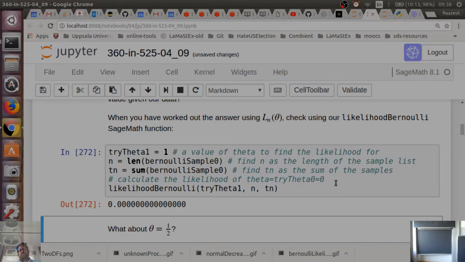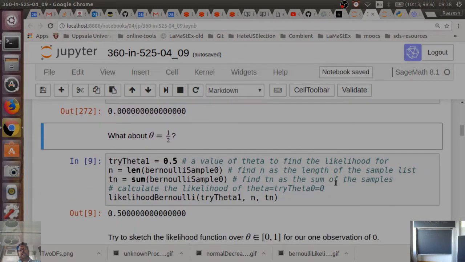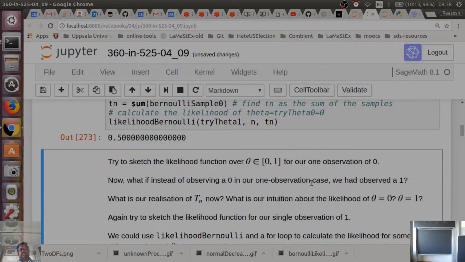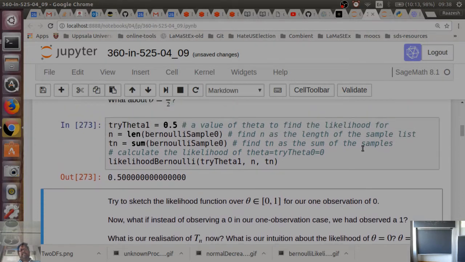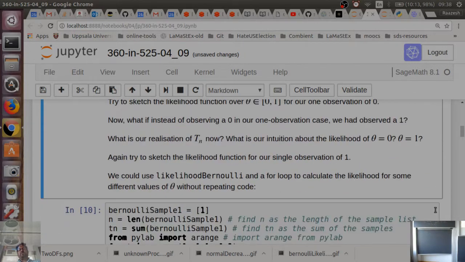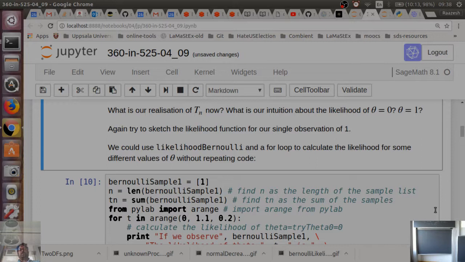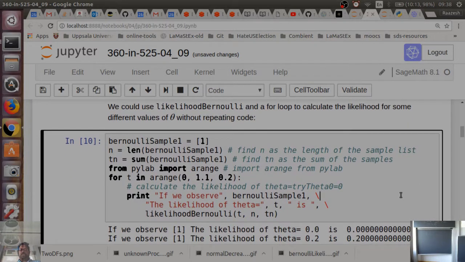So now this is 0. And when theta is half, what is my likelihood again? For the Bernoulli sample 0, just one tail. You see it's 0.5. So depending on the value of theta, you're just going to have different likelihoods for the particular observations. That's all this is doing.